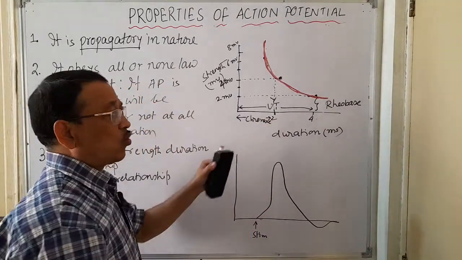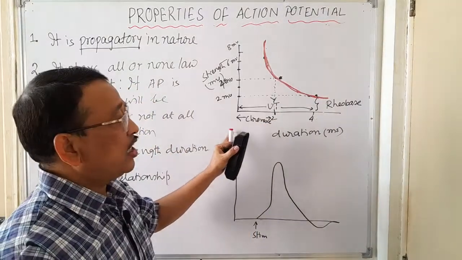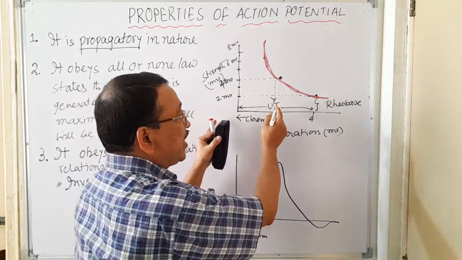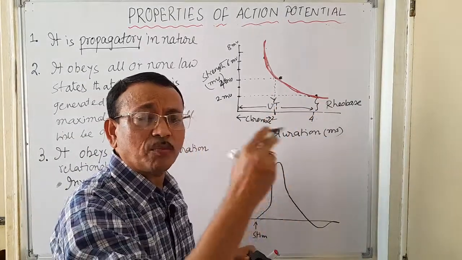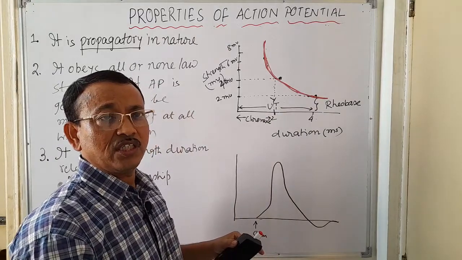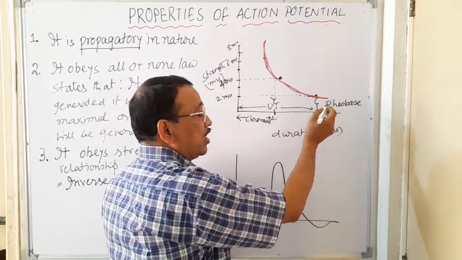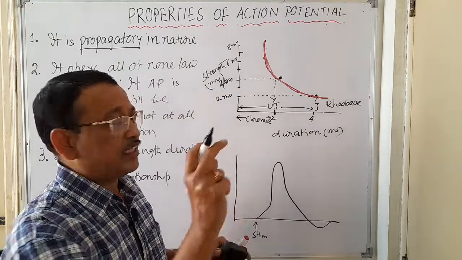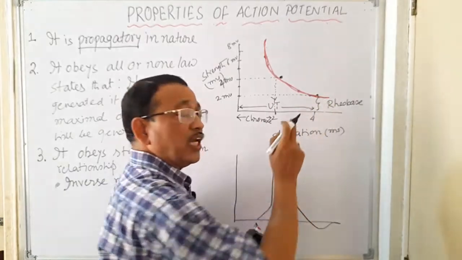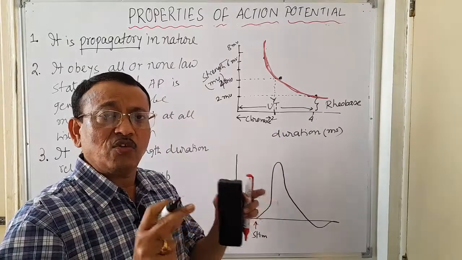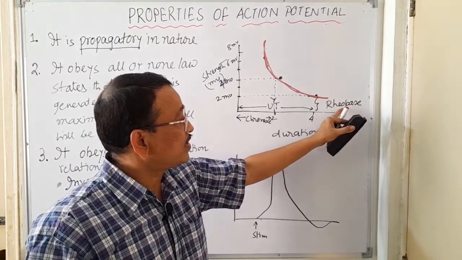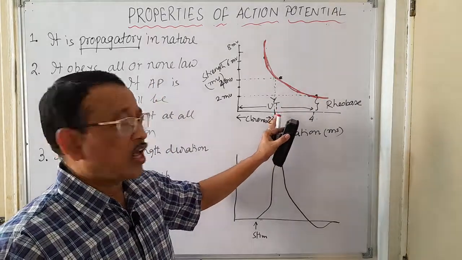That means chronaxy is the duration in which the action potential can be generated by applying twice the Rheobase voltage.